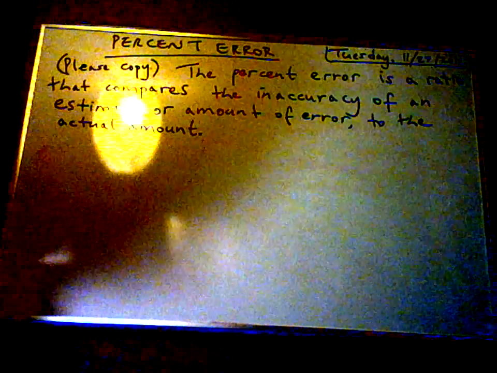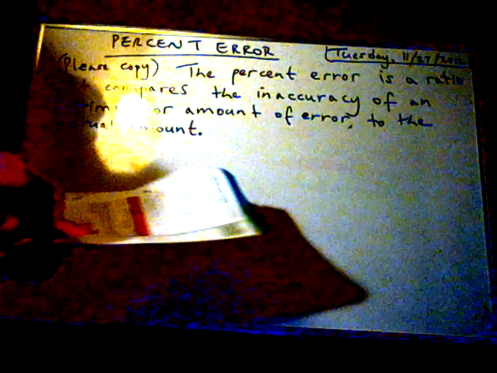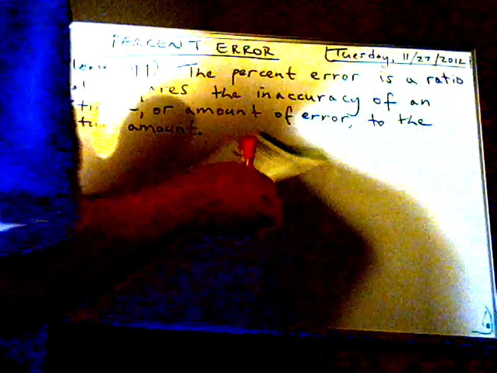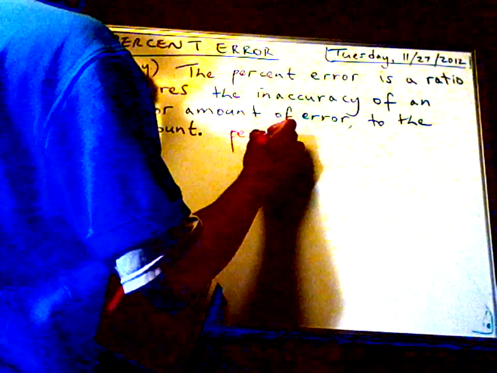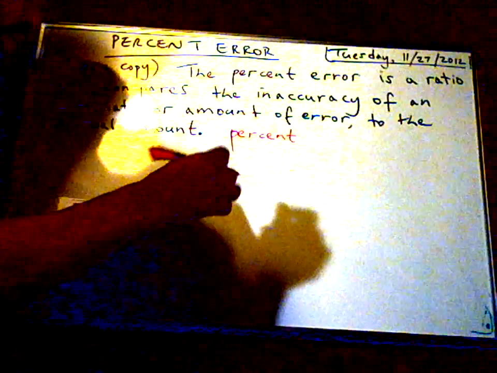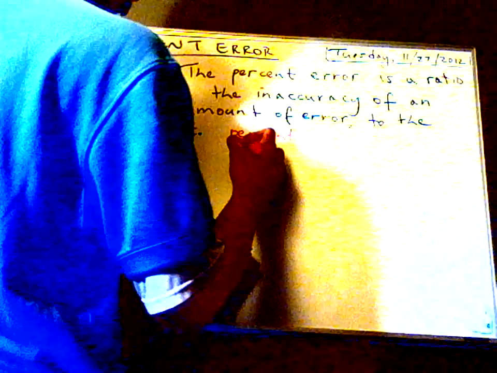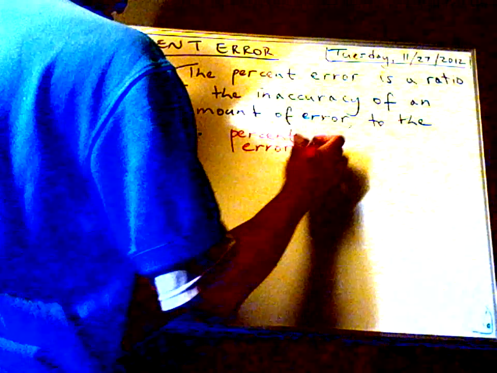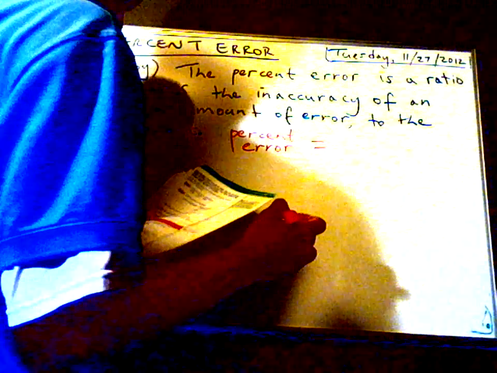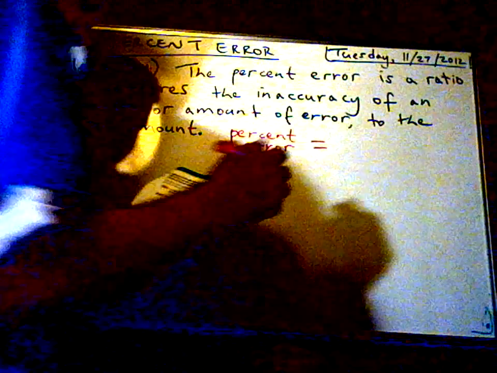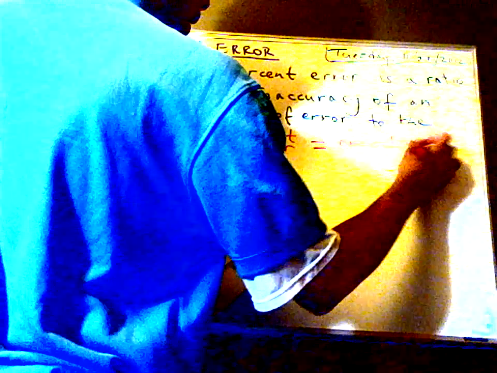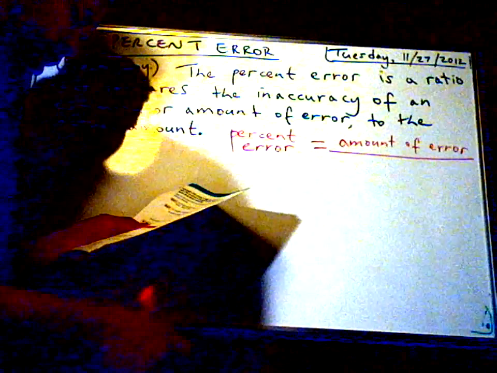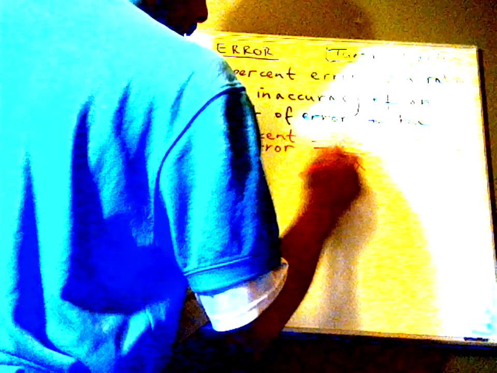And in equation form, this says that percent error is equal to amount of error divided by the actual amount.